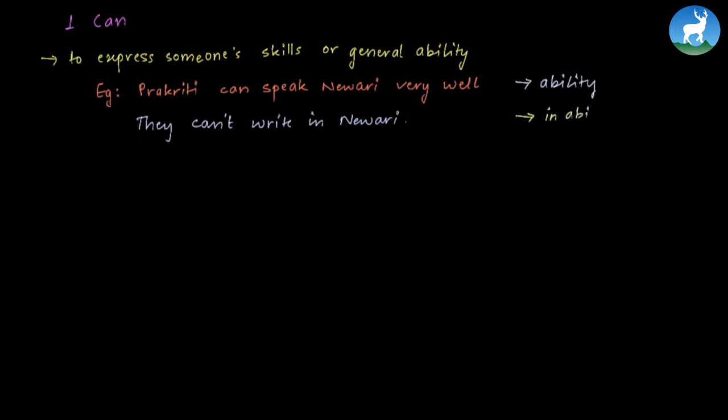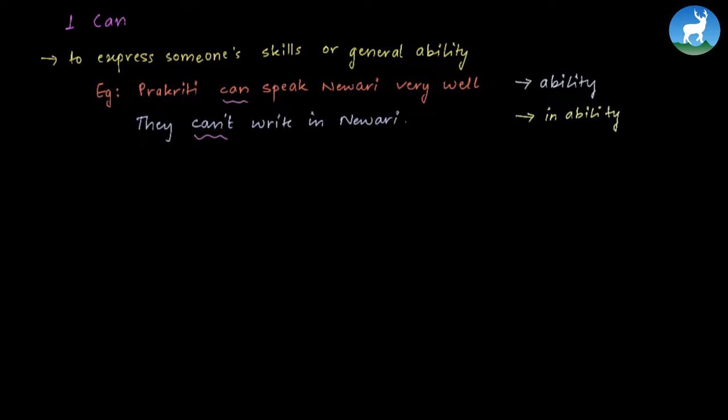Ability can be expressed by positive modal verbs, whereas inability is always expressed with negative modal verbs. I hope you understand the difference. Also, can is used to talk about the ability to do something at a given time in present or future.